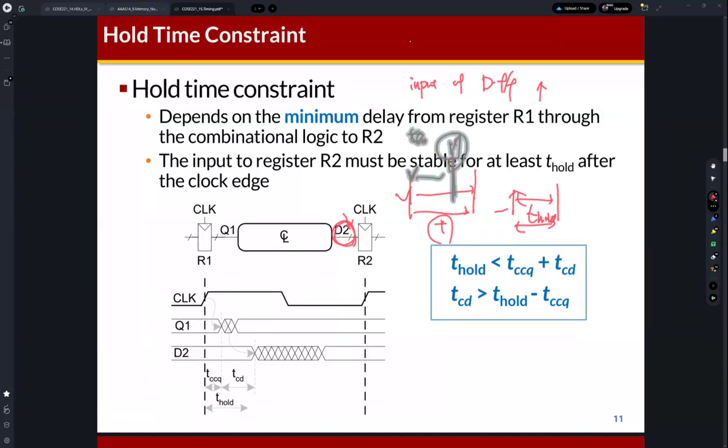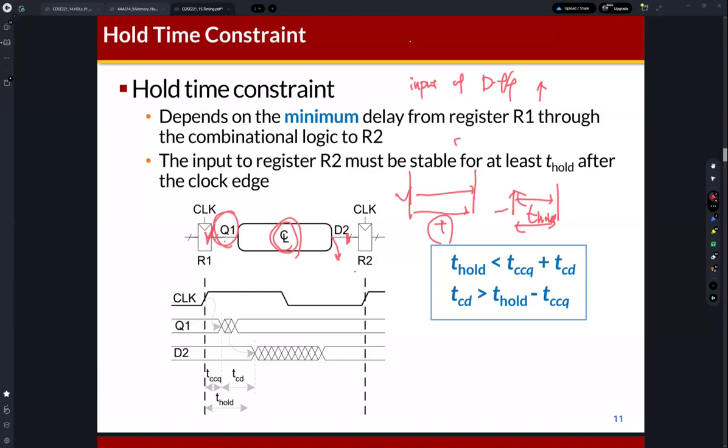So for this D2, it needs to be stable during the hold time. The signal starts from this Q1 and then goes through the combinational logic. D2 is determined by the output of this combinational logic, and D2 needs to be stable, so we need to consider the minimum delay.